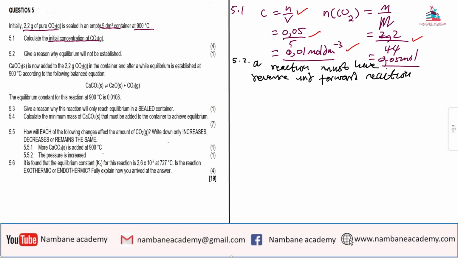Furthermore, it says calcium carbonate is now added to 2.2 grams of carbon dioxide in a container, and after a while the equilibrium is established at 900 degrees Celsius according to the following balanced equation. The equilibrium constant for the reaction is given, Kc equals 0.0108. No SI unit, remember that.